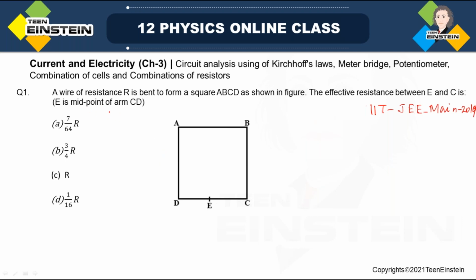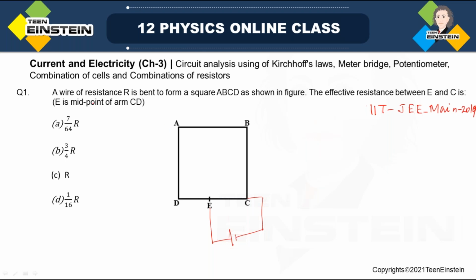Okay, so question is very simple. You have to find out the effective resistance between E and C, these 2 points. So if I connect a battery across this, what would be the effective resistance between these two, E and C?